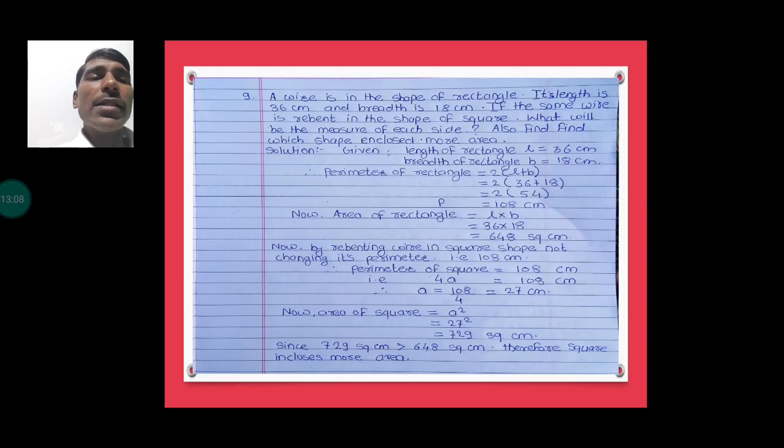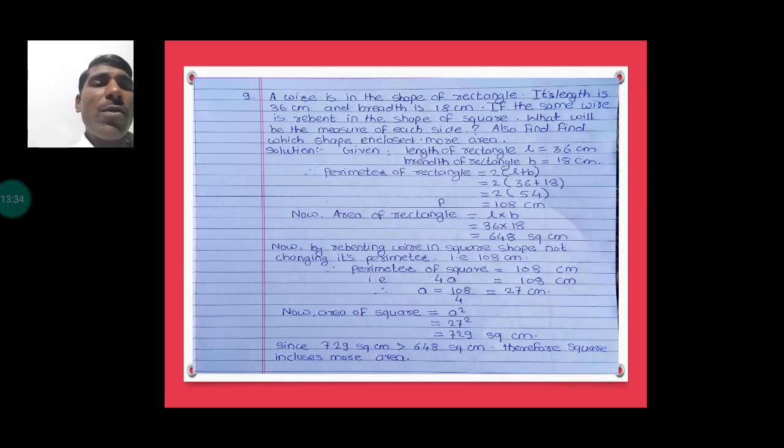The perimeter is the same, that is 108 centimeter. Therefore, perimeter of a square is 108 centimeter, that is 4A is equal to 108 centimeter. So A is equal to 108 divided by 4. After transferring 4 to the right side, it goes into division, which is equal to 27 centimeter.